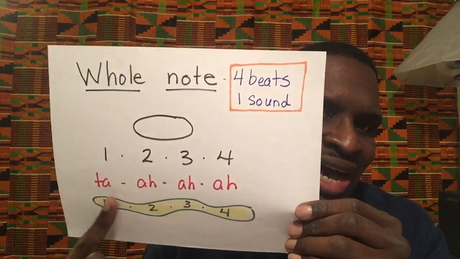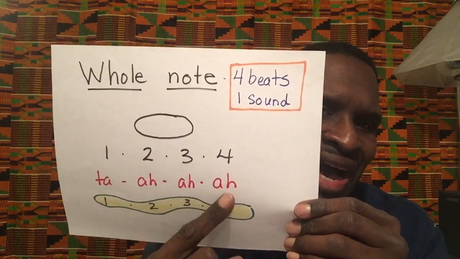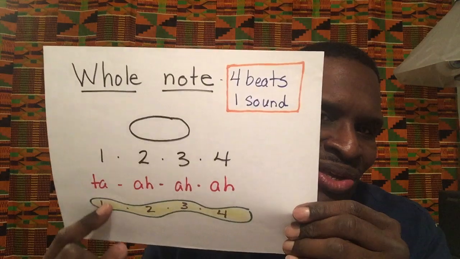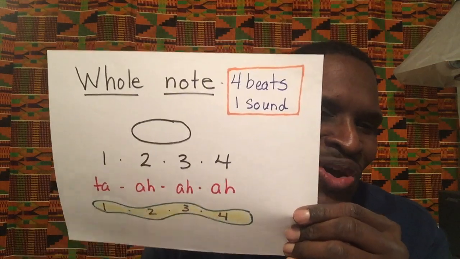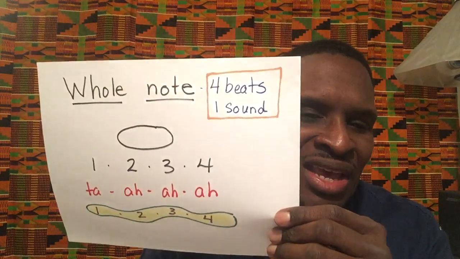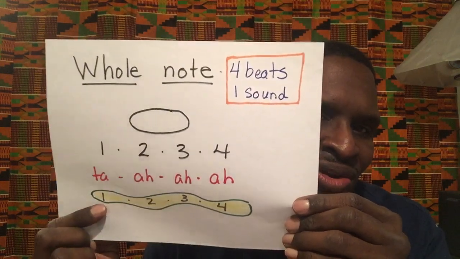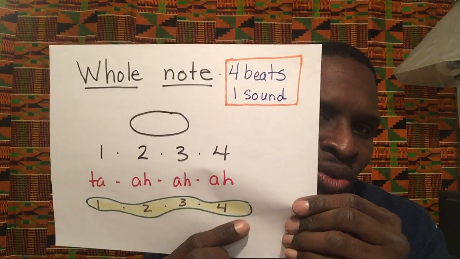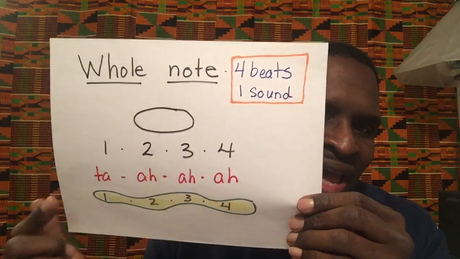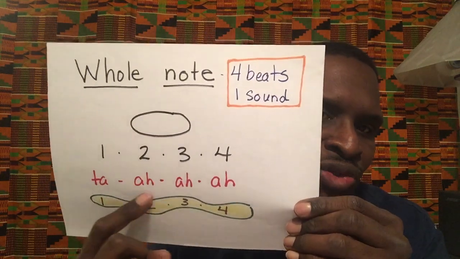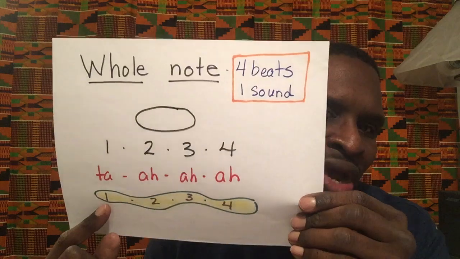And it is ta. I have a squiggle, I like to call it my little worm squiggle, in which if you point here and sing the entire 1, 2, 3, 4, it will let you know that there are 4 beats, but you hold that note for 4 beats. Let's try it.